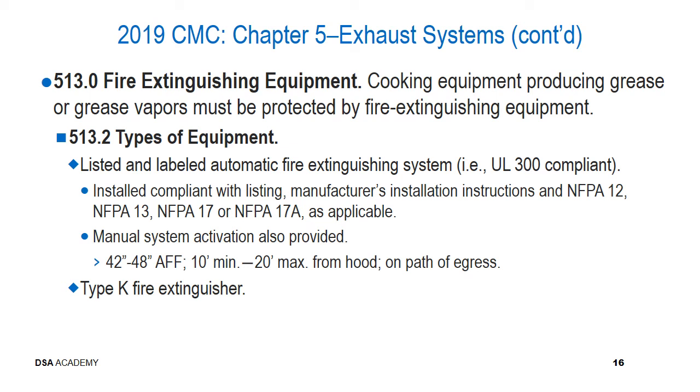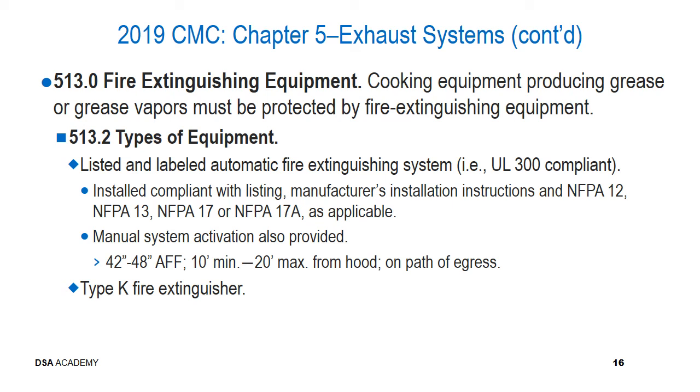So cooking equipment that produces grease or grease vapors are required to be protected by specific fire extinguishing equipment. And these types of equipment are, number one, a listed and labeled automatic fire extinguishing system. And these are required to be UL 300 compliant.